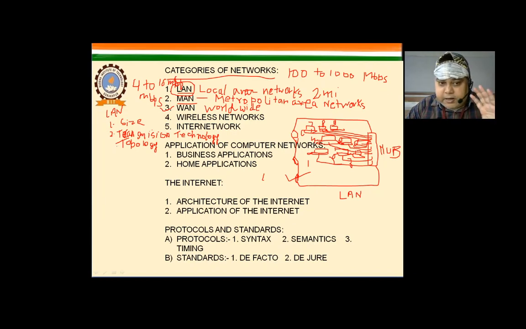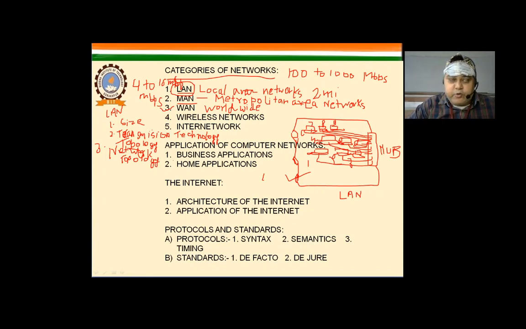This is your network topology. There are different types of topology: bus, ring, star, and mesh topology.